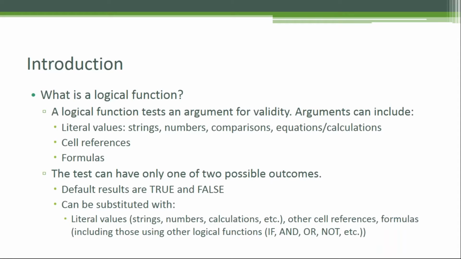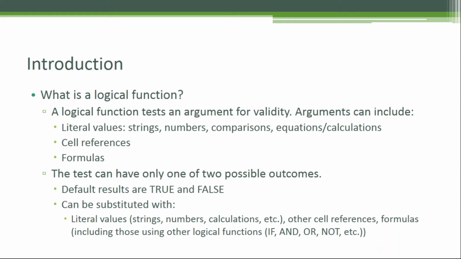They're typically comparisons among values, and they can include equations and calculations. You can use cell references, so values from other cells, as well as formulas. The test can have only one of two possible outcomes. It's what would be considered a Boolean value outcome, so it can either be true or false. And that's what it's built on.